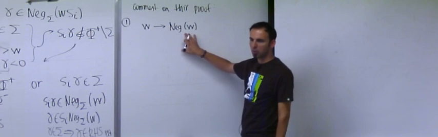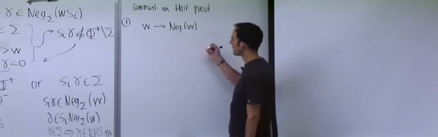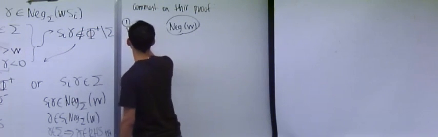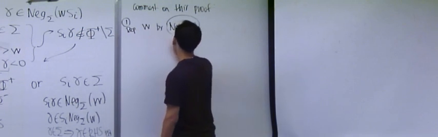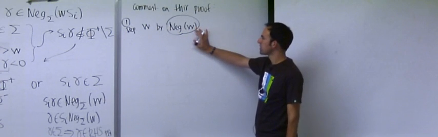Remember, I started with a warm-up of doing this for the finite groups, and I told you that if I represent an element W by just keeping track of all the roots that it makes negative, then this was well behaved.